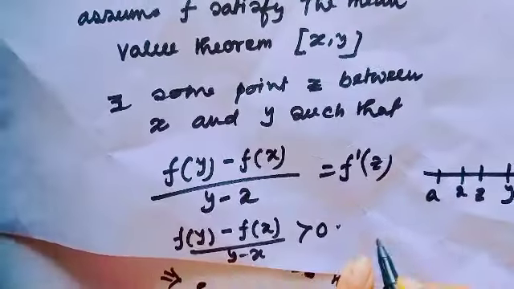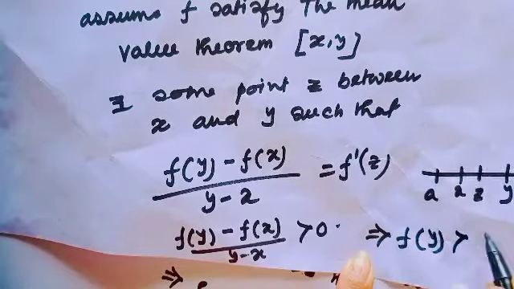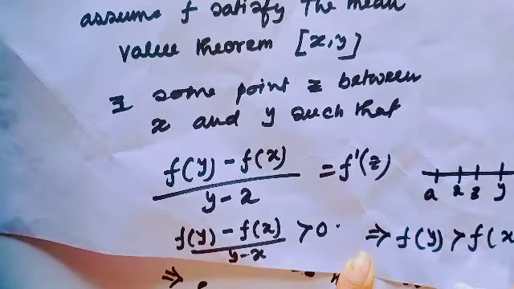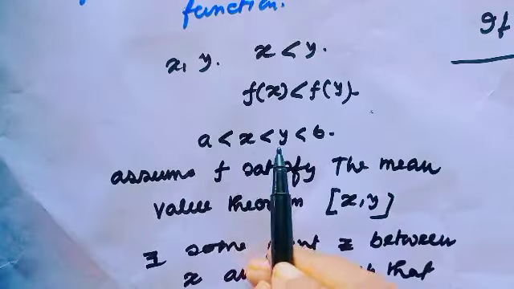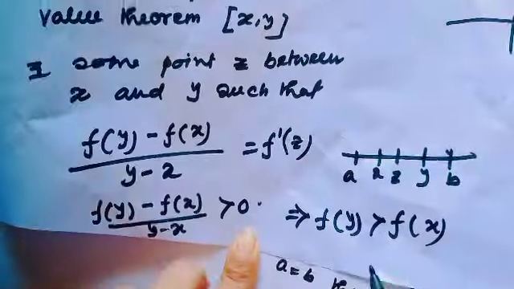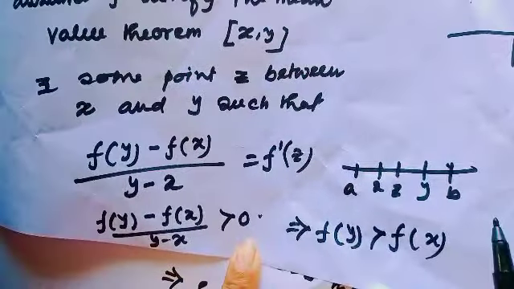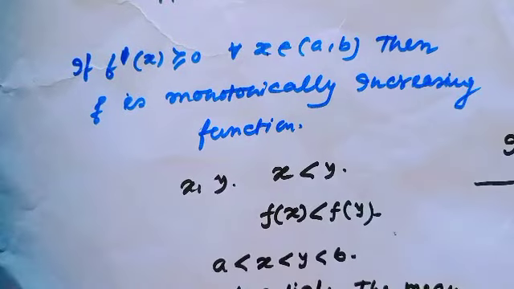Okay? And that implies f of y always greater than f of x. Since I have considered y greater than x and I have got f of y greater than f of x, that means the function is always monotonically increasing. Okay? That means our proof is done.